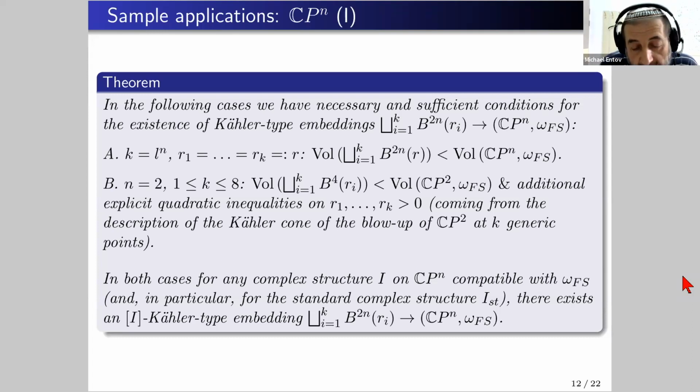For complex projective spaces of complex dimension higher than 2, there may exist Kähler-type complex structures that are not isotopic to the standard one in principle. And of course, as I mentioned, for symplectic embeddings of such collections of balls into CP^N, this result was proved by McDuff.